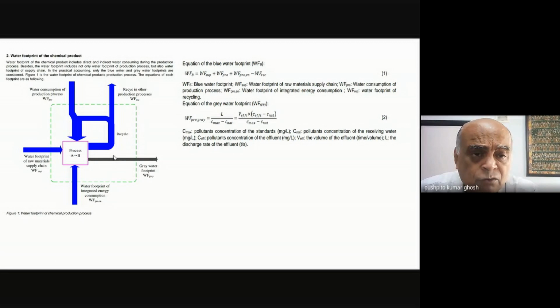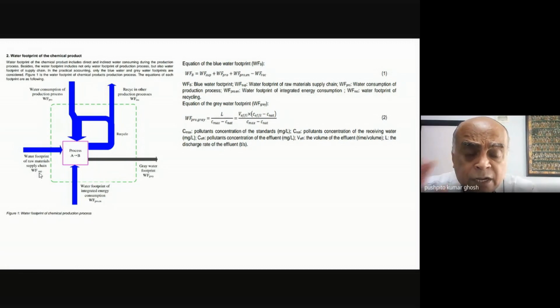But the picture is not so simple, because you are producing something and you also require raw materials. Many times the raw materials that you are using, their production also required water. So there is a footprint to your supply chain, and that is the water footprint of the supply chain, WF sub.